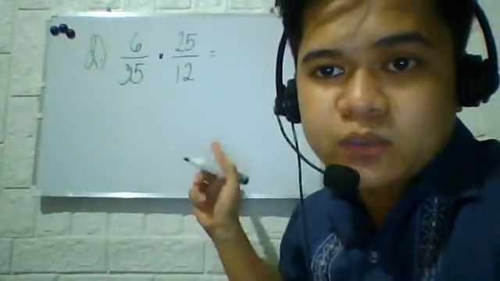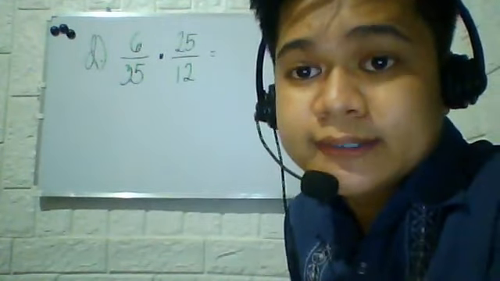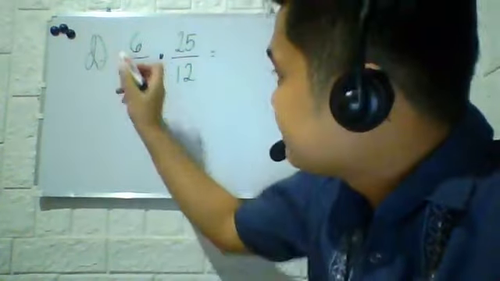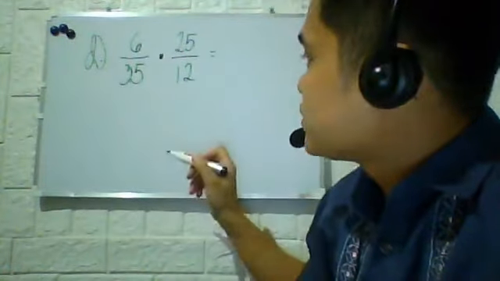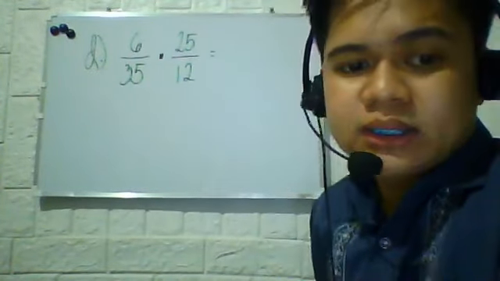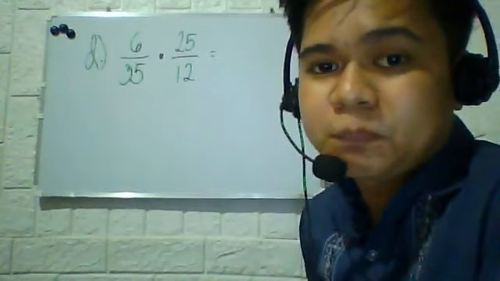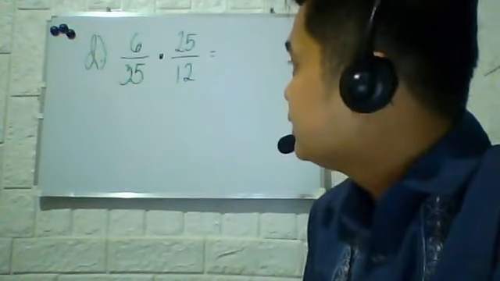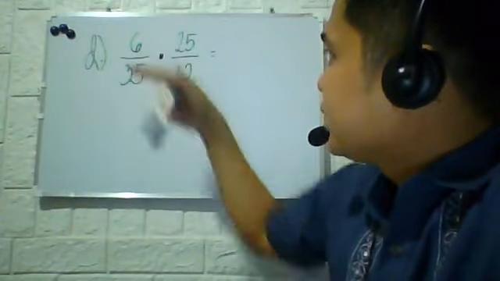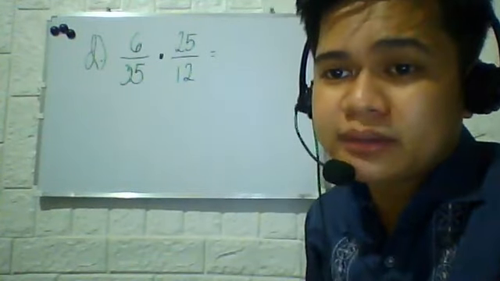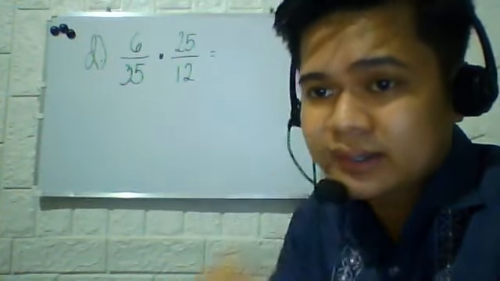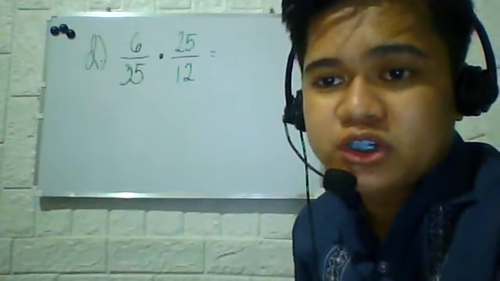Alright, here's our D example. Example D, we have 6/35 times 25/12. Now, before we multiply, to make it easier for us to multiply, mag-simplify muna tayo. As you can see kasi, pwede naman diretso mag-multiply dito, pero kayo lang din yung mahihirapan kasi we will be getting larger numbers.